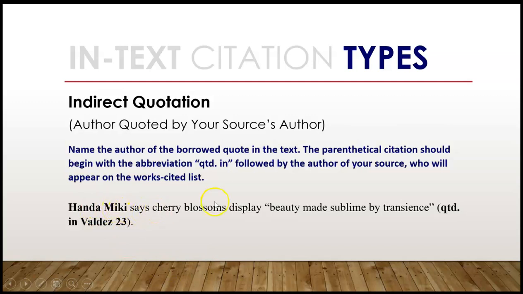Honda Miki says, cherry blossoms display, quote, beauty made sublime by transience. And this author, who wrote this line, or piece of a line, which the student has put in their paper, was actually found in something written by this person, Valdez. So we put Honda Miki, the quote, quoted in Valdez, page 23.